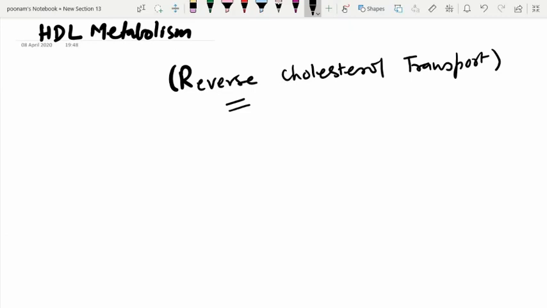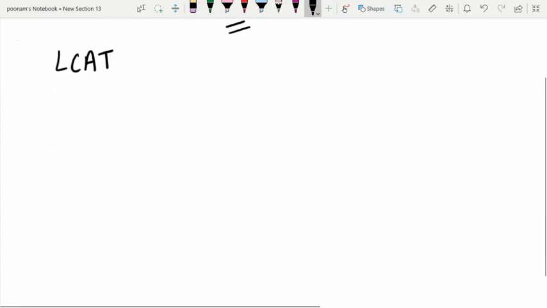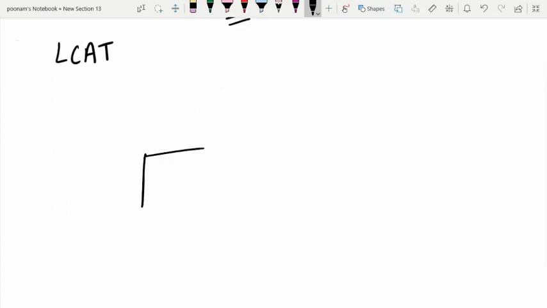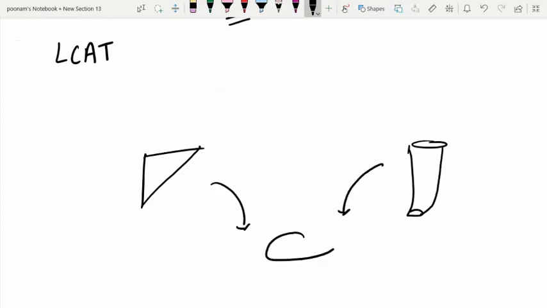You will understand that one enzyme called LCAT, Lecithin Cholesterol Acyl Transferase, plays a very important role in the process of reverse cholesterol transport. Liver as well as GIT produce nascent HDL, which is discoidal HDL.